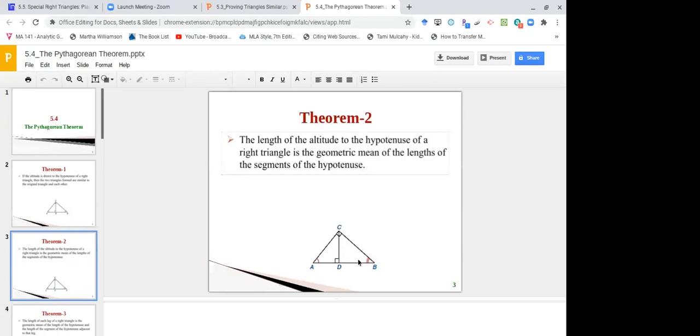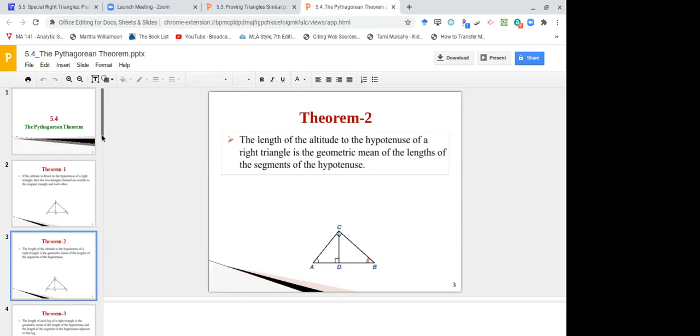I'm not going to go into it here, but essentially there's a relationship between the length of the altitude and the length of the two parts, the two segments that you create when you draw this altitude. So there's a relationship in this picture between the length of CD and the length of AD and DB, okay?